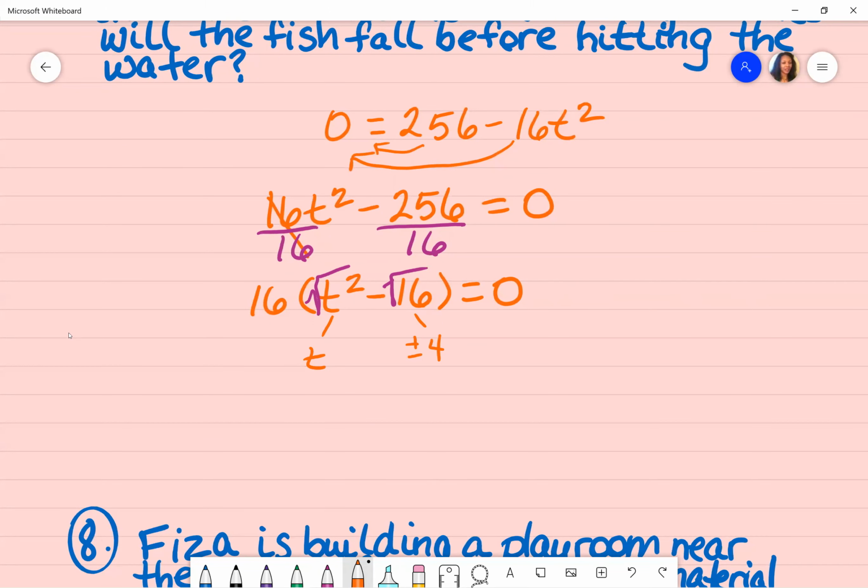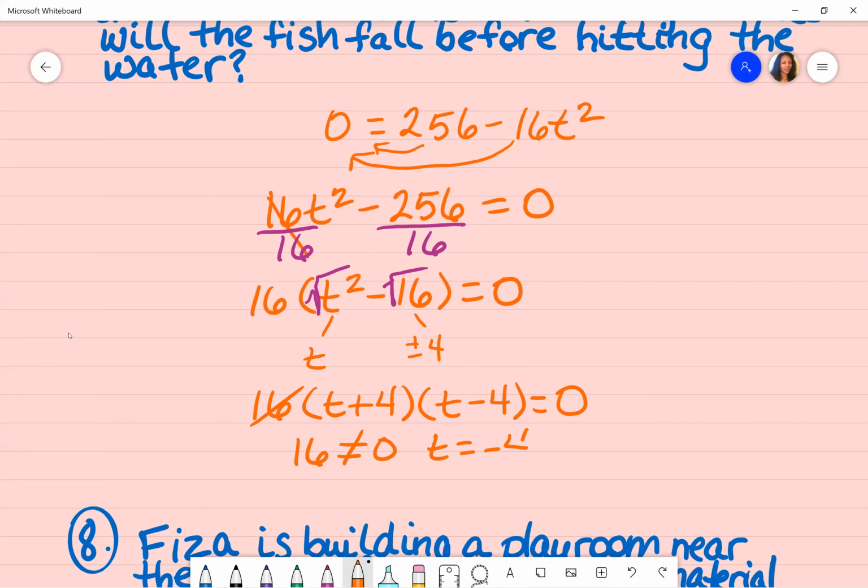And if I put it in factored form, I have 16 times t, in one case, plus 4, in the other case, minus 4. And I set it equal to 0, which tells me that 16 does not equal 0. So I can get rid of that. And I can change the sign of what's in front of my constant. And that will be this answer. t is equal to negative 4, which doesn't make sense because we're talking about seconds.